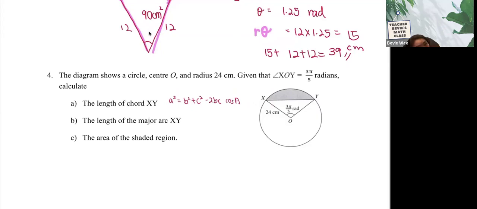The 2BC cos A must always form a V-shaped angle in between. So your small a, it's your XY. It's always the opposite angle chosen.